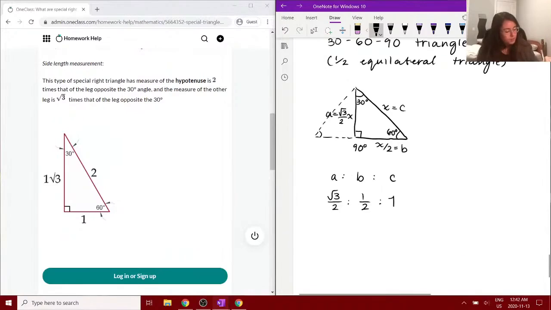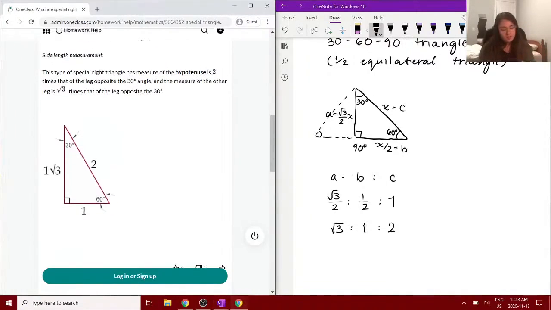And usually ratios would like to be with whole numbers or integers and not fractions, so we'll multiply everything by 2 to get root 3 to 1 to 2. Okay? So that's the reasoning why they don't have fractions in their example.